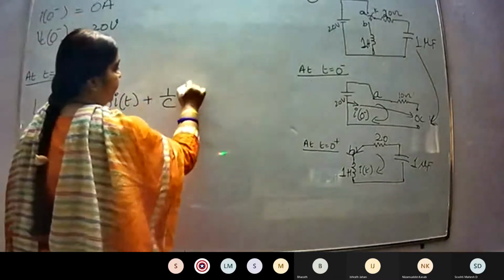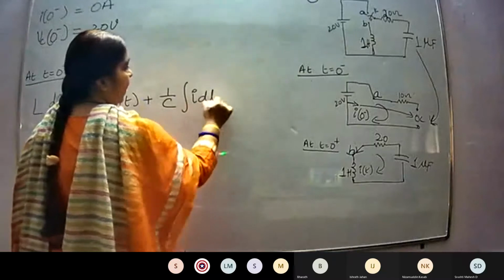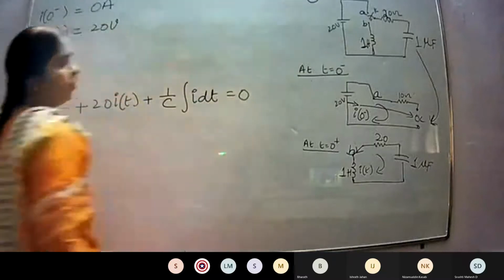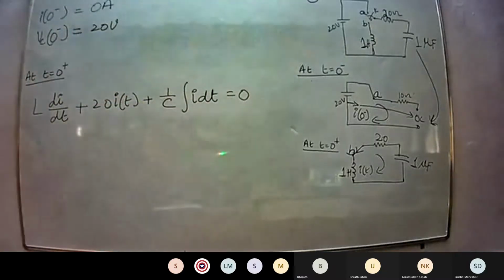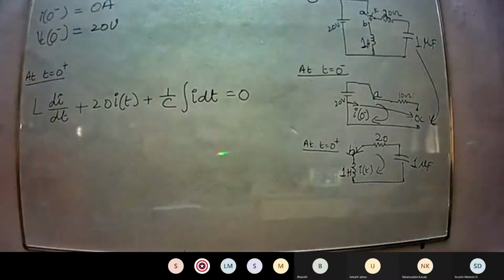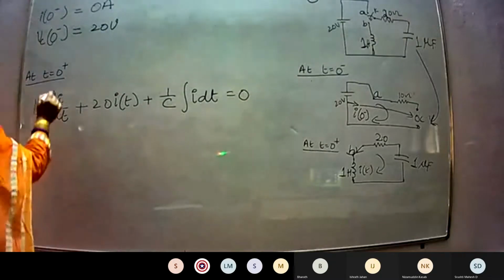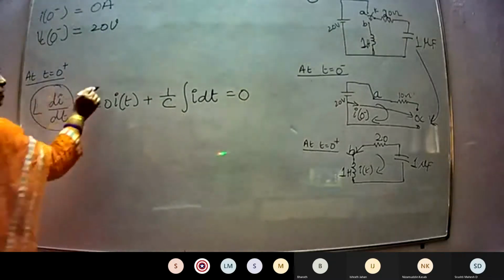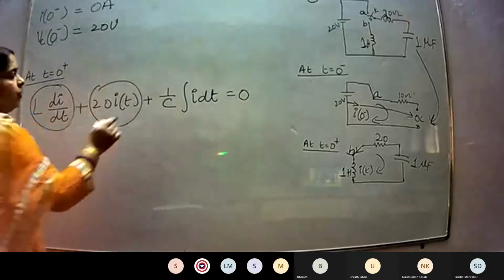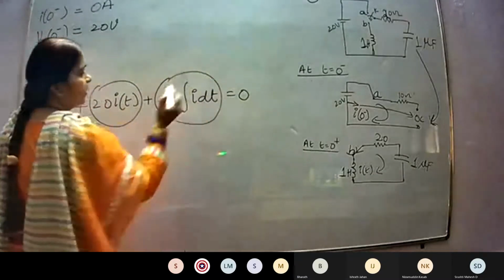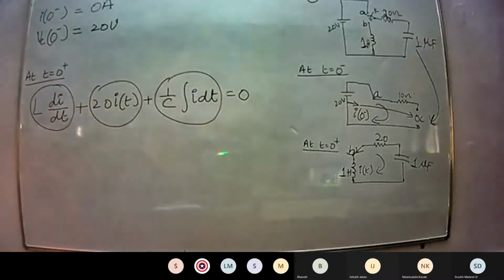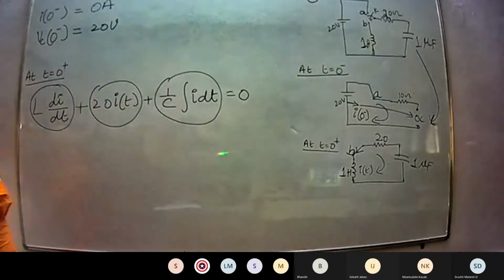Plus 1 by c integration I dt is equal to 0. So this is the equation: L into di by dt plus 20 into I of t plus 1 by c integration I dt is equal to 0. See, again I am telling, each and every term represents what? Current into resistance. What is current into resistance? It is nothing but the voltage.